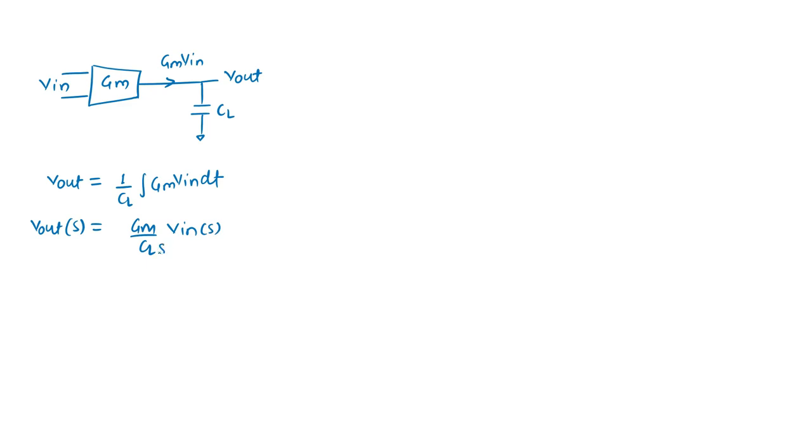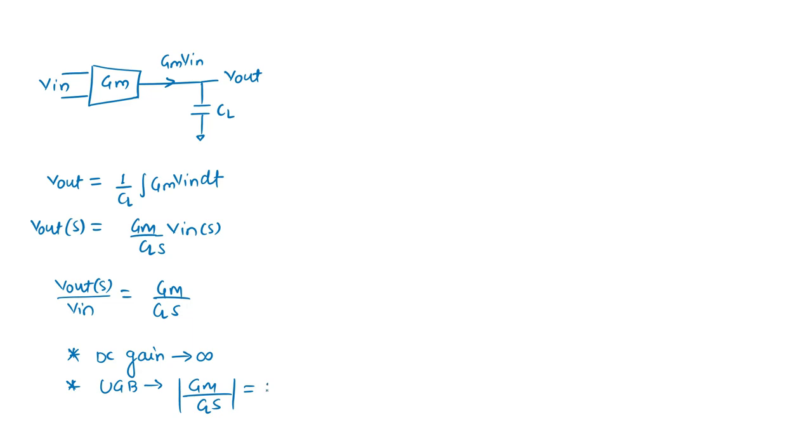So the transfer function we are getting here is GM by CL S. Again, what is the DC gain? DC gain is infinite. And what is the UGB? Keeping its magnitude equal to 1, omega UGB is GM by CL, as we have already seen on the previous slide. So two things I got.